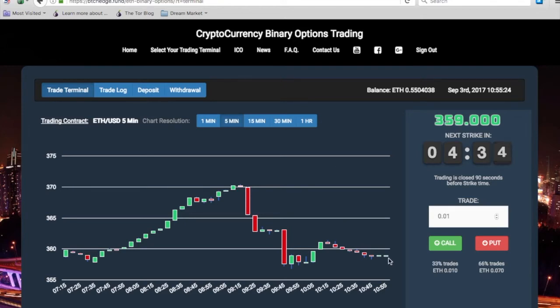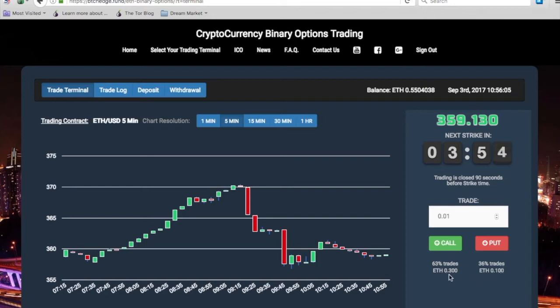Okay, we fast forwarded to the next contract and let's now try and buy a contract, because the price is now around the very round, psychologically important price of 359. I believe that the price will go higher, and that's why I will be buying a call option. Now you see there is some statistics that the broker shows: more than half of the trades are already placed on the call, and about 40% of the trades are placed on put.